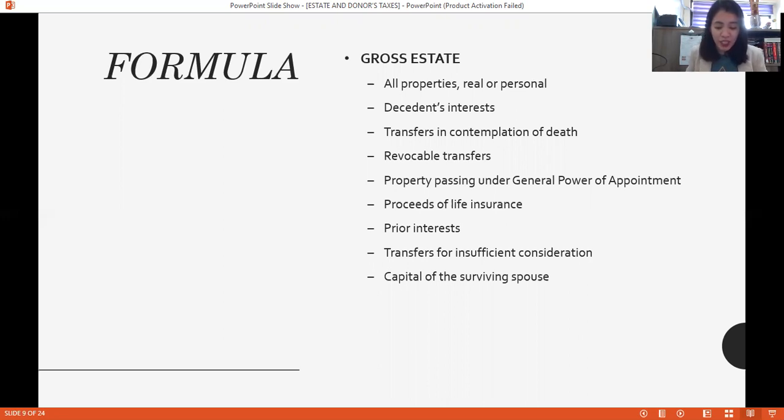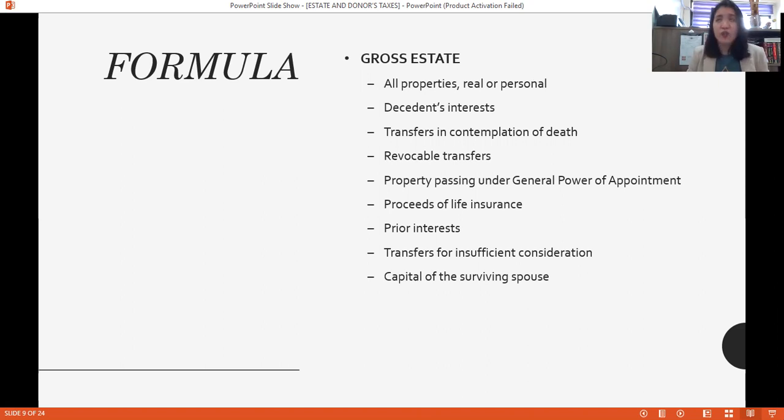Property passing under general power of appointment. Ang tandaan nyo lang dito is yung appointment is general power, meaning wala kang specific person talaga na binigyan ng property. And therefore, kahit na, like for example, no, itong, to the extent of any property passing under general power of appointment exercised by the decedent by will or by deed executed in contemplation of or intended to take effect after your death.